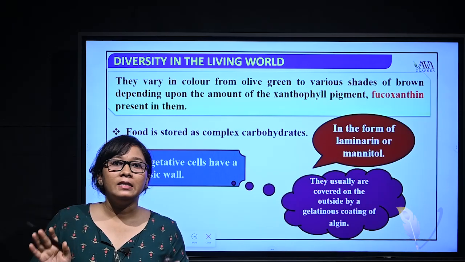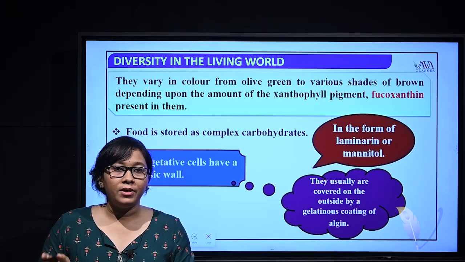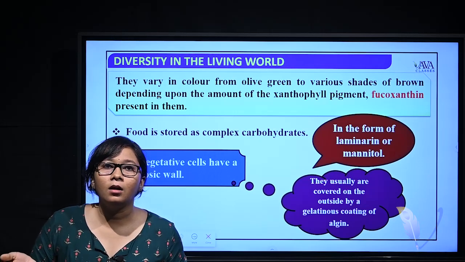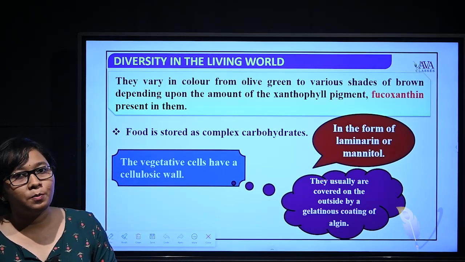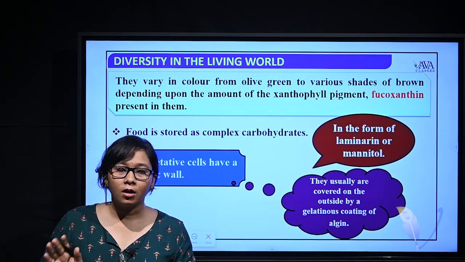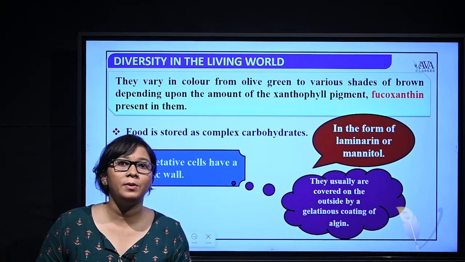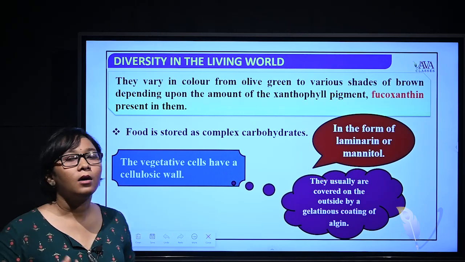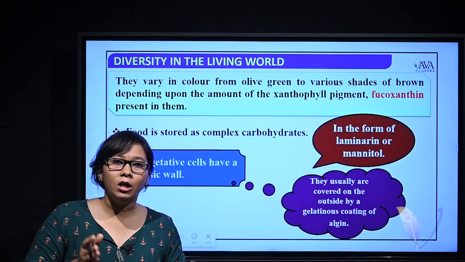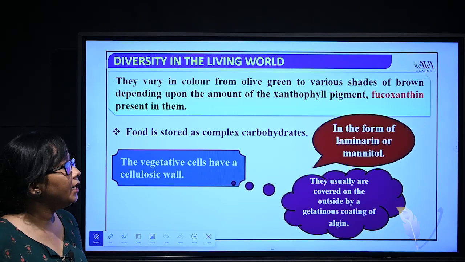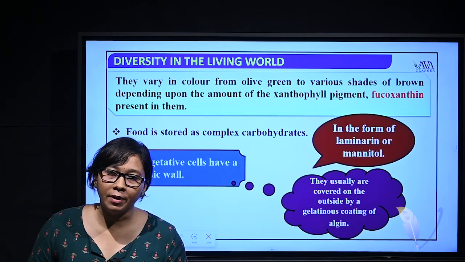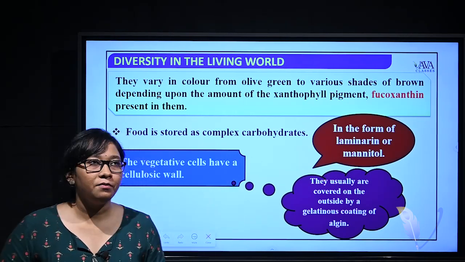As you saw, the green algae appear grass green in color, and from species to species their color differs. In brown algae also, from species to species, their color differs from olive green to brown depending upon their xanthophyll pigment as well as fucoxanthin pigment.